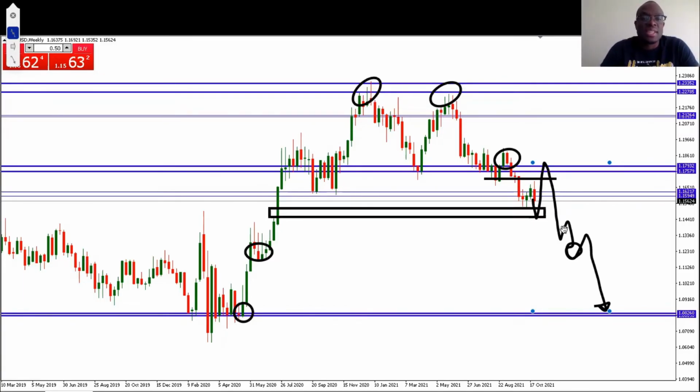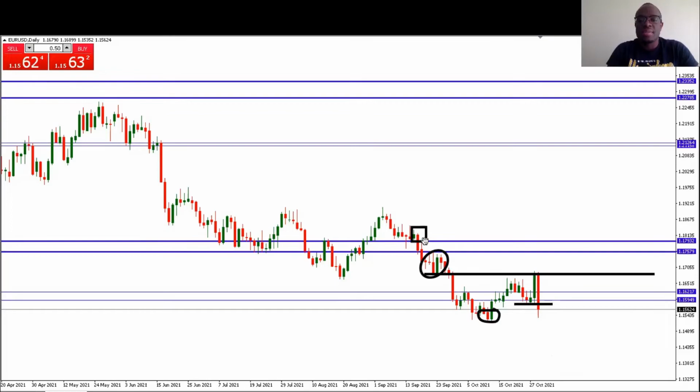Now we'll move on to the daily chart. On the daily chart, I have three order blocks: 1, 2, 3. These are my structures of interest. Then the other thing that I have is this break of structure that has happened here. You can see that the price initially broke to the upside, but then it was rejected at this order block.